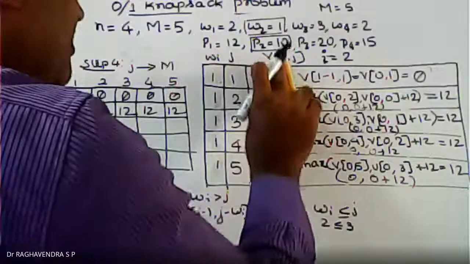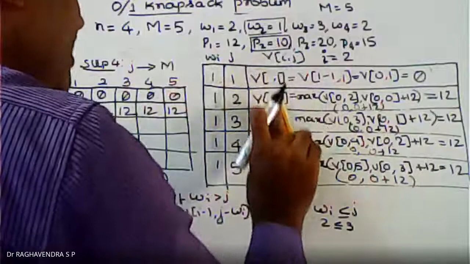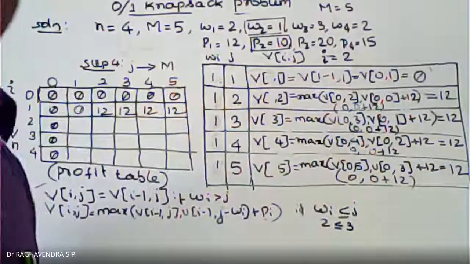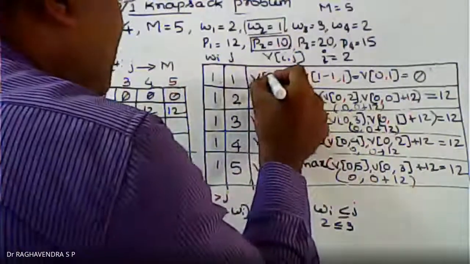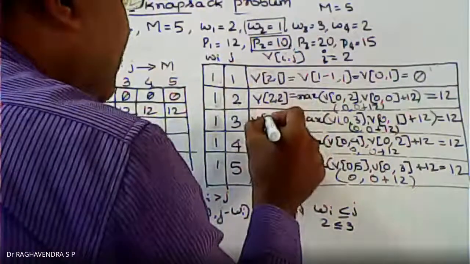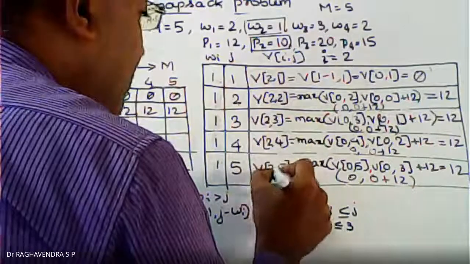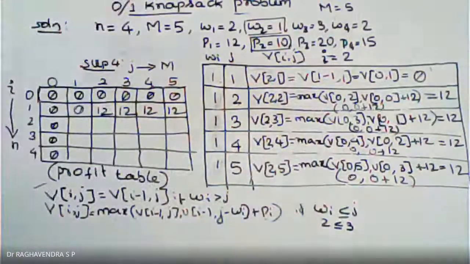So here everywhere we have to replace 1 by 2. So 2 comma 1, 2 comma 2, 2 comma 3, 2 comma 4, 5. Okay, fine, understood?